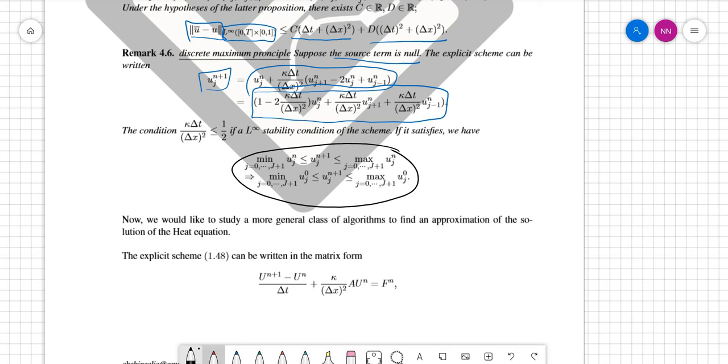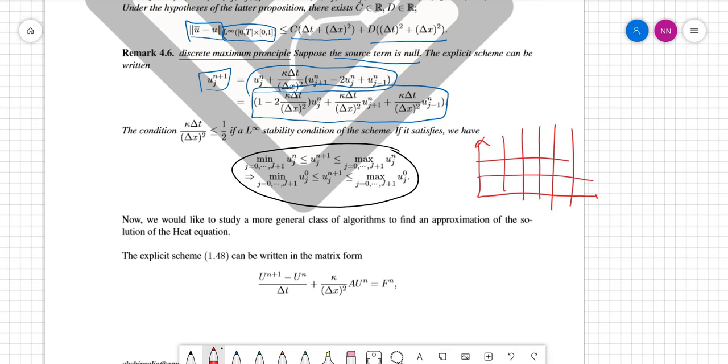In this principle we were saying that if we look at the mesh that I already drew before, each approximated value at a given point at a time t equal n plus 1 is between the minimal value obtained at t equal n for all the x's and the maximal value between all these xj's.